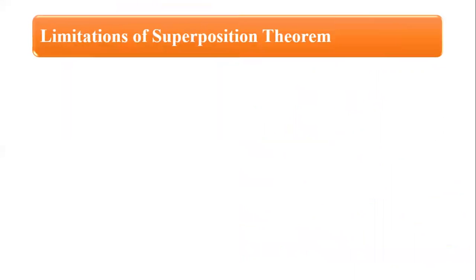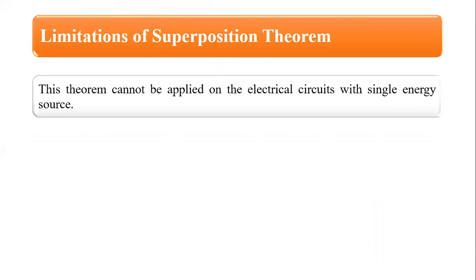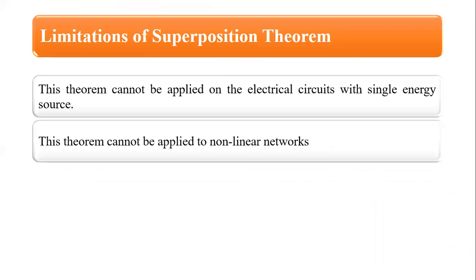Now superposition theorem has certain limitations, and the limitations are that we cannot apply this theorem in a circuit which has only one source. So to apply this theorem, the circuit must have two or more than two sources. Then second limitation is that this theorem cannot be applied on the non-linear networks.